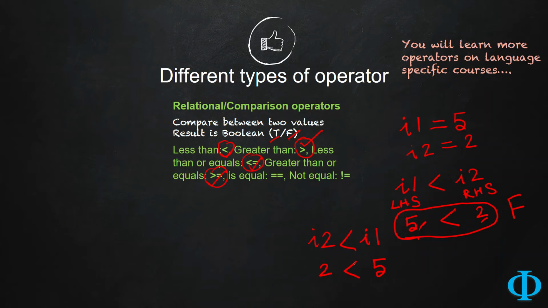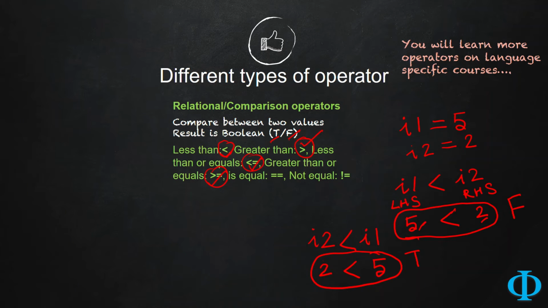And the usual meaning of less than holds between these values. 2 is actually less than 5. So it will return true. The same way all the other operators also work.